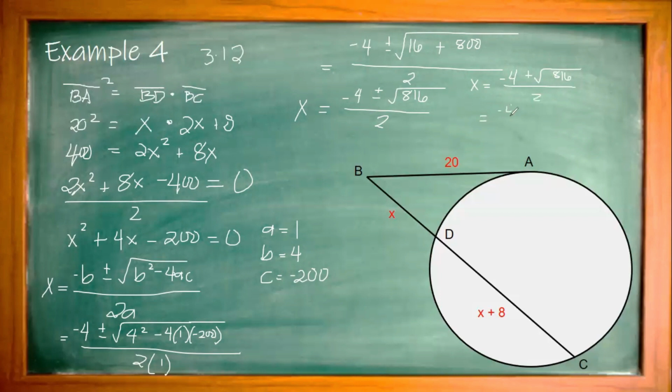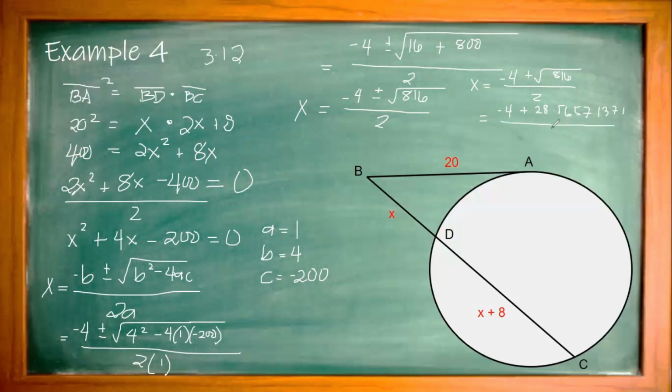So negative 4, and let's get the decimal value of the square root of 816. That is 28.57137 and so on.